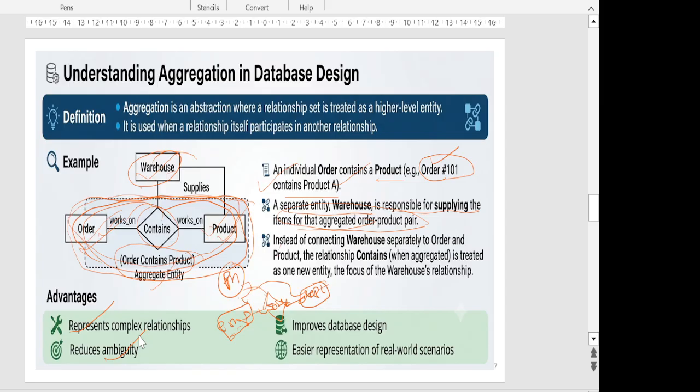In that way it will reduce the ambiguity. It will improve the database, because it comes one level at a time. It is very easy in real time scenarios, because the model is complex and more related to real world situations. That's why it is an easier representation.